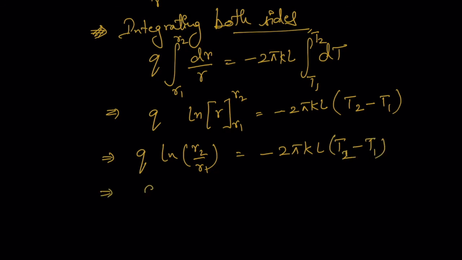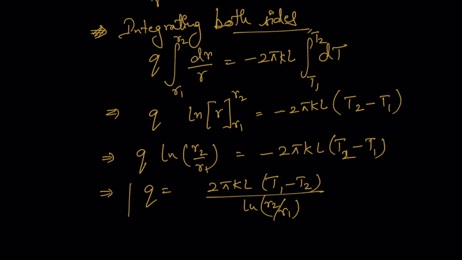Now q times ln r2 by r1 equals minus 2 pi k l T2 minus T1. So you can write q is equal to 2 pi k l T1 minus T2 divided by ln r2 by r1. So this is the heat conduction equation for cylindrical tubes.